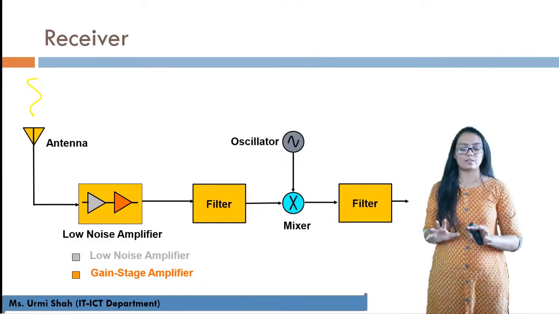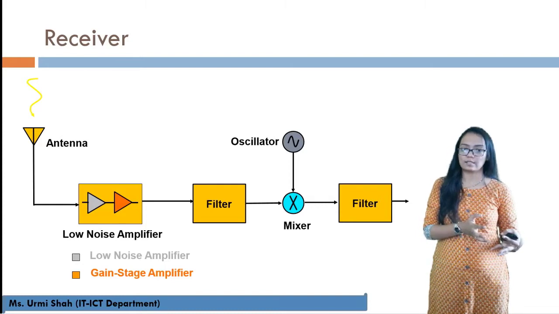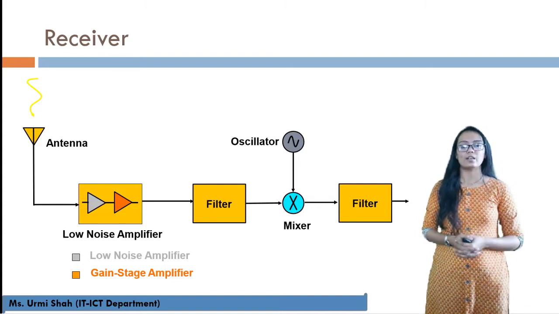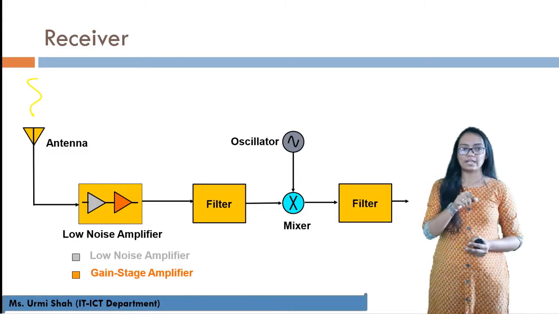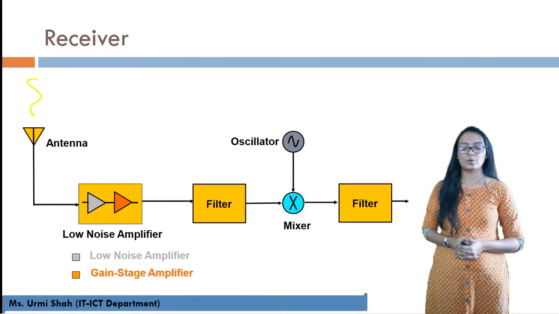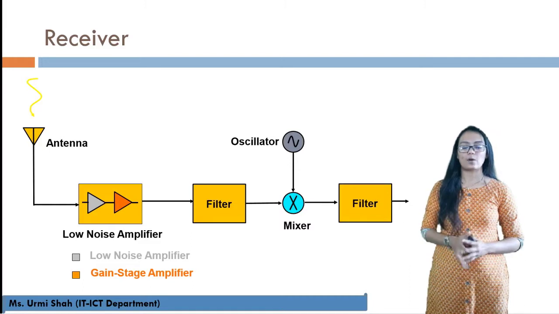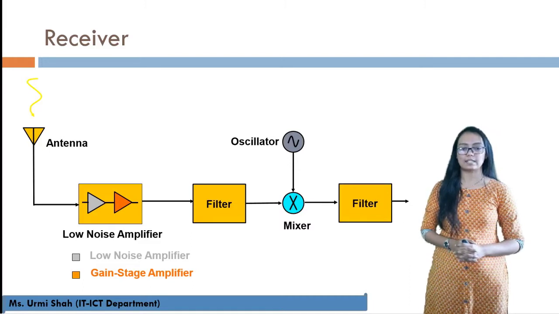Once you are done with transmission, you need a receiver block also where you can receive your signal. So at the receiver end, we will have the receiving antenna, then we will have the low noise amplifier which is going to reduce the noise level of your signal and filter out that noise from your message signal which is received by the receiver.